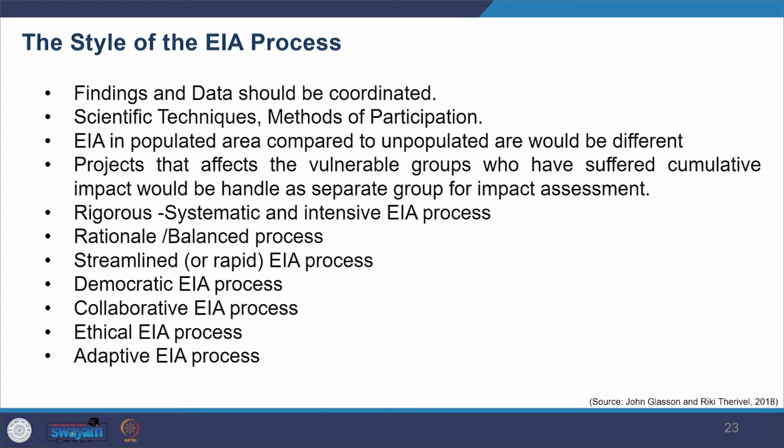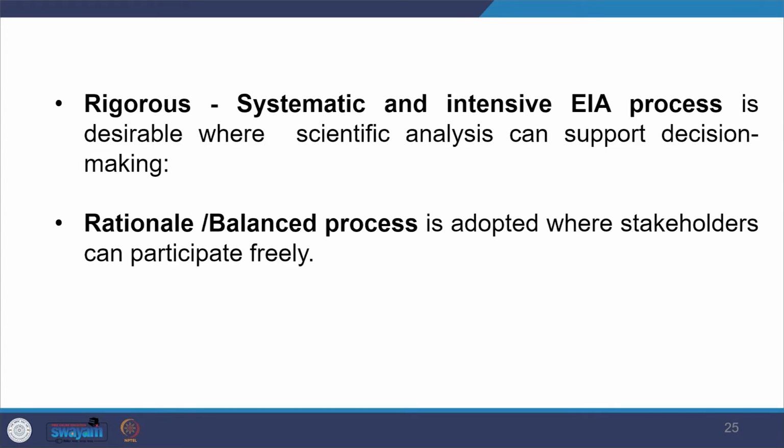As per the textbook, you find certain styles of EIA. Certain ones are very rigorous, where a systematic and intensive EIA process is desirable, especially when you have to undertake scientific analysis to support the decisions being made.